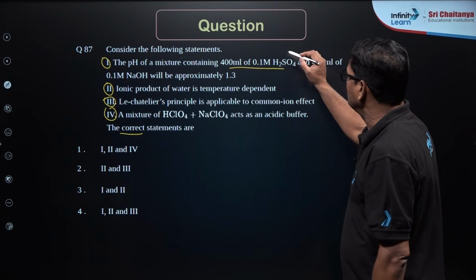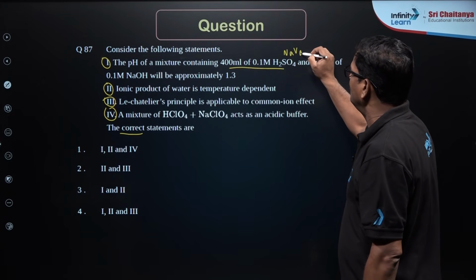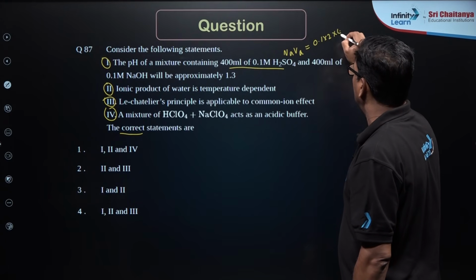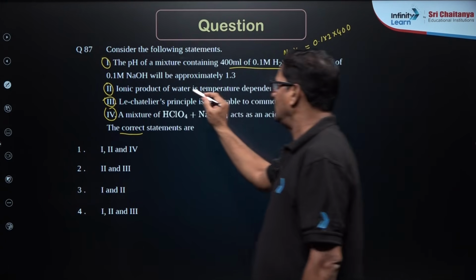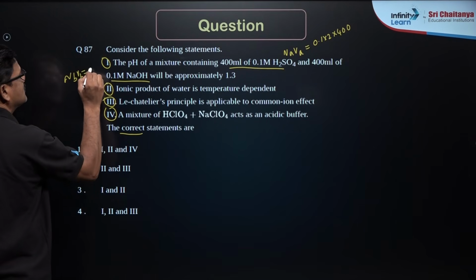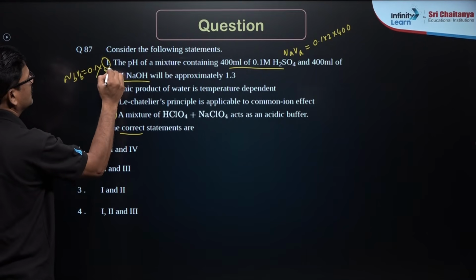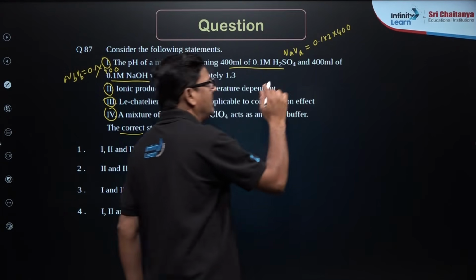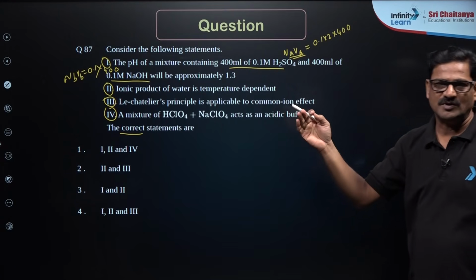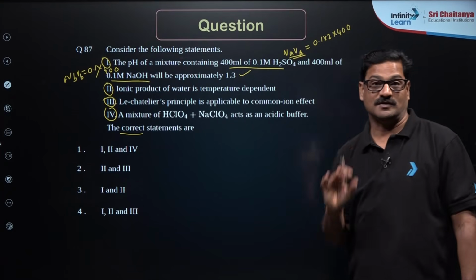So you can say NaVa is equal to 0.1 into 2 into 400, and NbVb is equal to 0.1 into 400. So NaVa is greater than NbVb, the pH is supposed to be of course less than 7. I don't want to solve, you need not have to solve for this question.